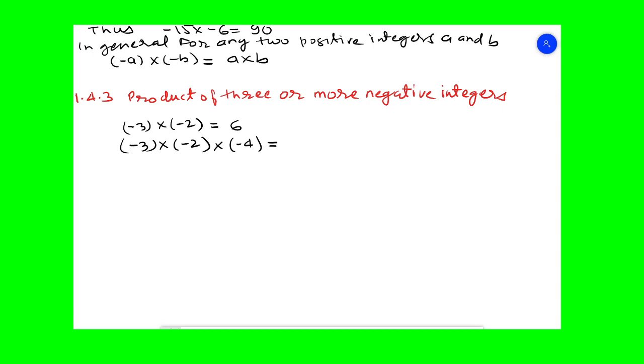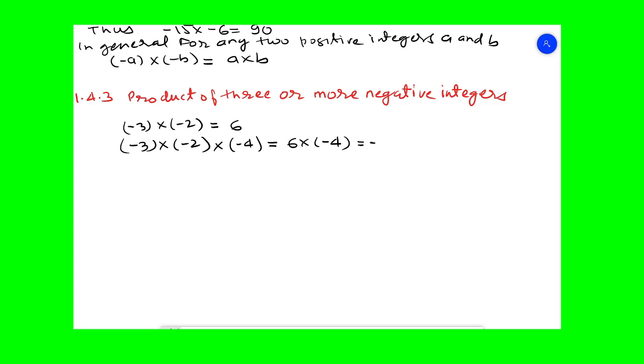So we solve like this. We take these two integers first. So from above we get minus 3 multiplied by minus 2 equal to 6 multiplied by minus 4. Now we get one positive integer and a negative integer, for which we have already learned that a product of a positive and a negative integer is a negative integer.